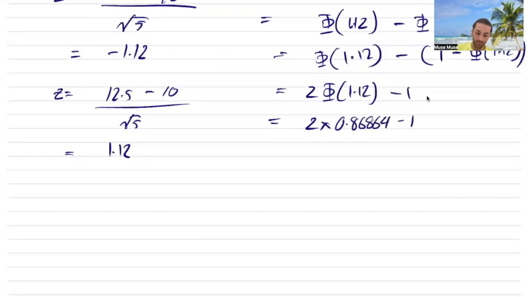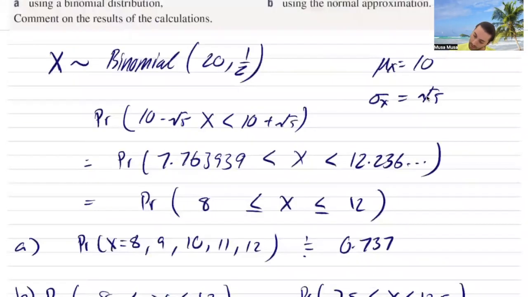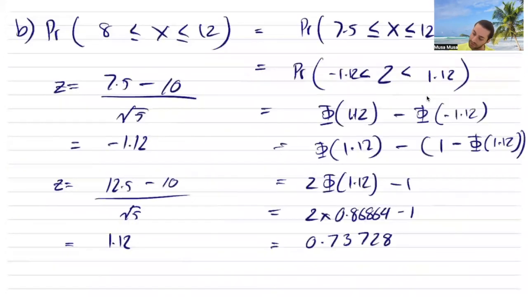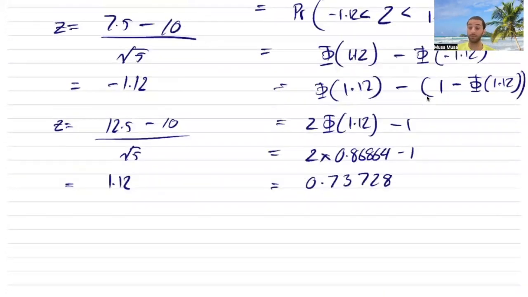So 2 times 0.86864 minus 1. What did we get in part A? 0.737. Pretty good. So doing it case by case, using the approximation, it worked out quite well.